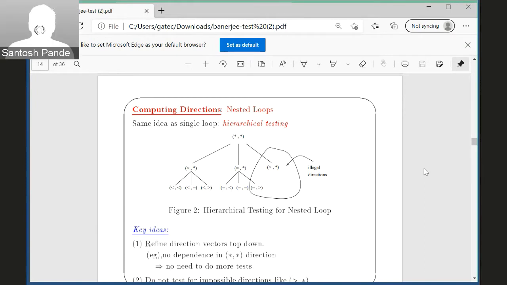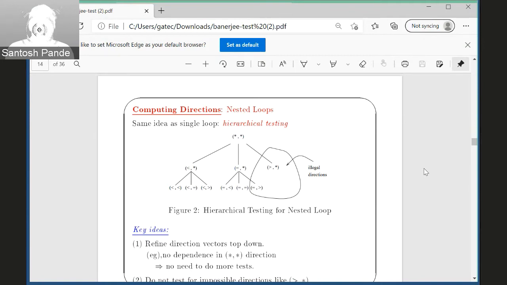It cannot occur because of a normalized loop which is going from 1 to n. The dependence here will be carried by the innermost loop, and it will be carried in a reverse way, and the loop doesn't execute in the reverse way. So that is impossible. And similarly, the dependence being carried by the outer loop by a greater than vector is also illegal. It's not possible. So we leave out these two. After doing the normalization, these two directions become impossible for a dependence to occur.